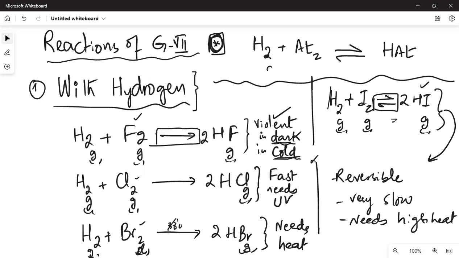Good. And then if you're asked to compare the reaction of astatine with hydrogen with iodine and hydrogen, so what would you write? Astatine's reaction with hydrogen would be slower than iodine, right? क्योंकि एस्टेटीन आयोडीन से भी नीचे, अगर आयोडीन इतना पुअर रिएक्ट कर रहा है तो एस्टेटीन तो और भी मुश्किल से करेगा.